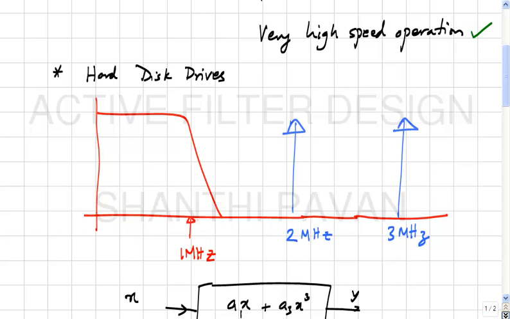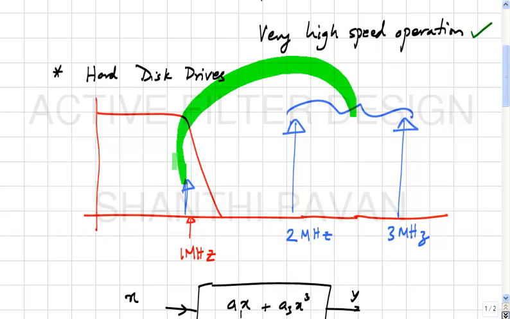Now what happens? There will also be a component at 1 megahertz, right. So this is the result of intermodulation of these two tones showing up within the signal band. You understand?